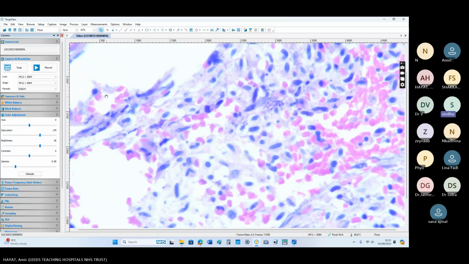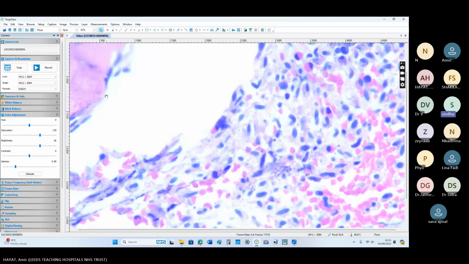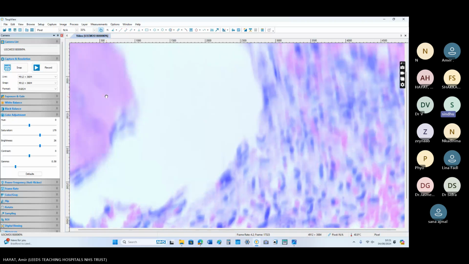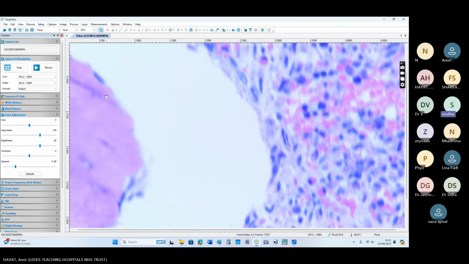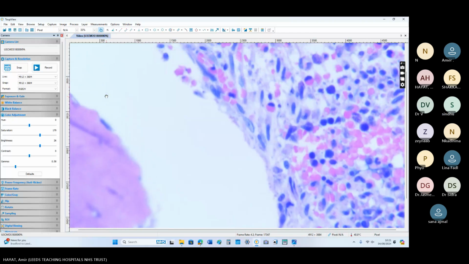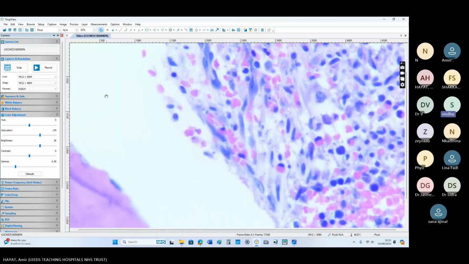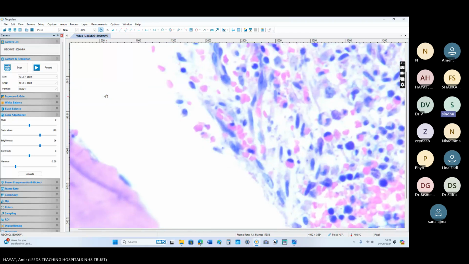Most of these cells are having an eccentric nucleus with slightly pinkish cytoplasm. I think these are plasmacytoid cells, which are prominent.